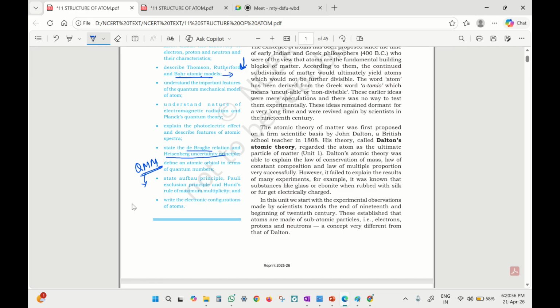Under the quantum mechanical model of atom, we will understand the latest ideas about the structure of atom. And finally, with the structure of atom in hand, we are going to write the electronic configuration of the atoms. Is the flow of the lesson clear?